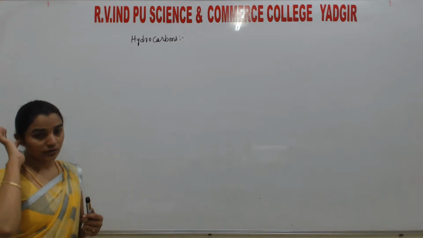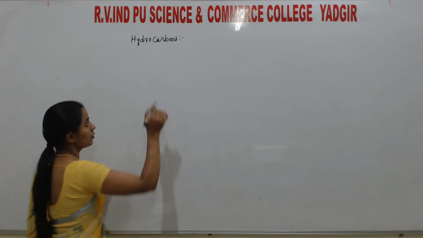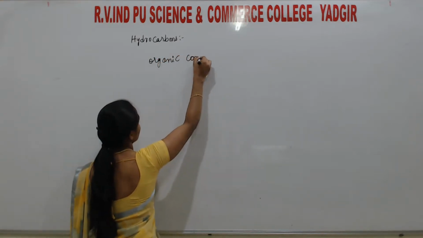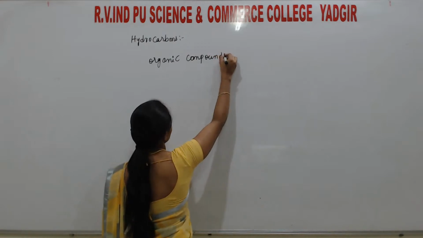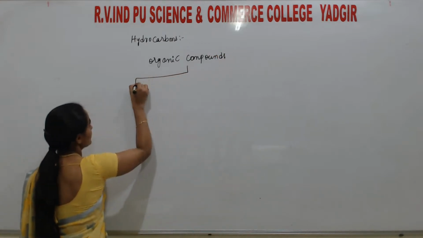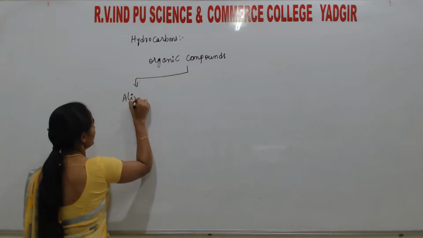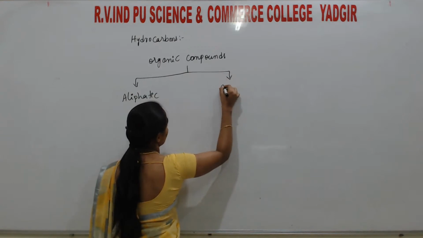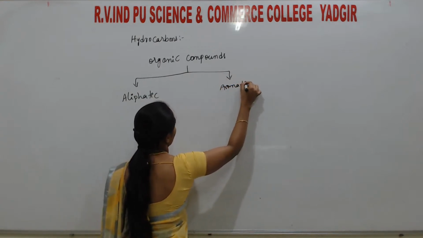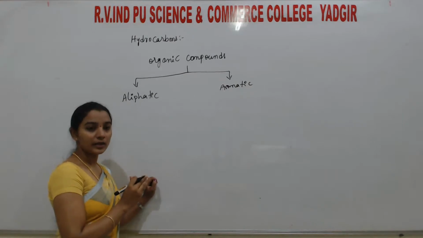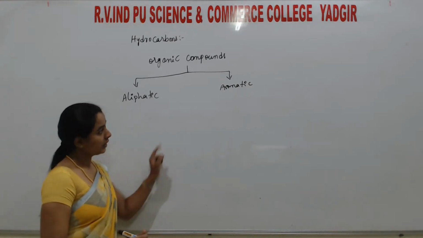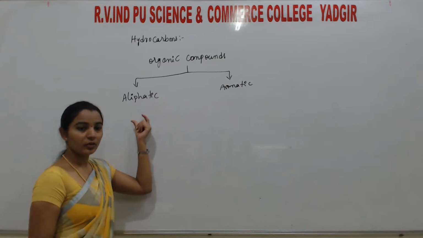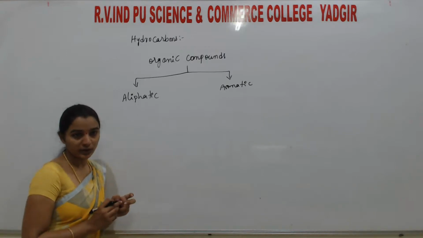Okay, so students, as I told you, organic compounds are of 2 types. One is aliphatic, another one is aromatic. Or you know, cyclic and acyclic. In cyclic, alicyclic will be there, aromatic will be there. You know that in aliphatic only alkanes, alkenes and alkynes will come.